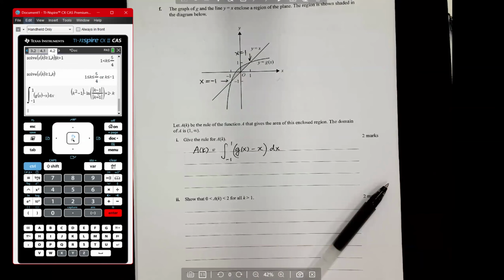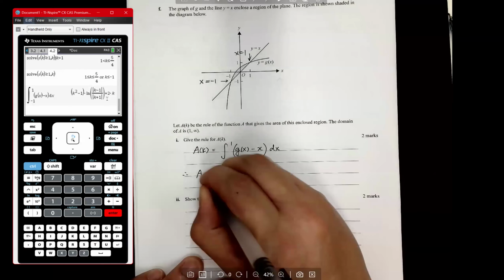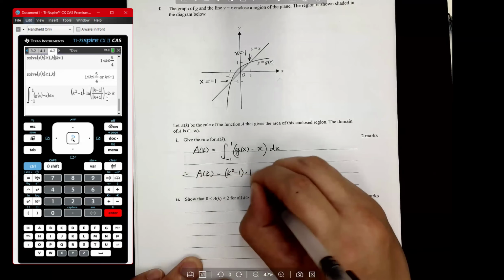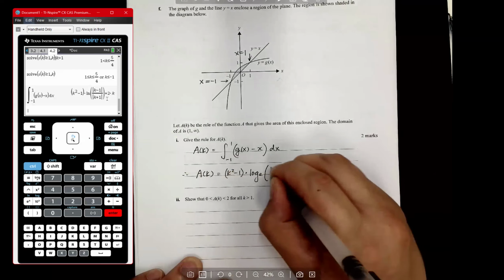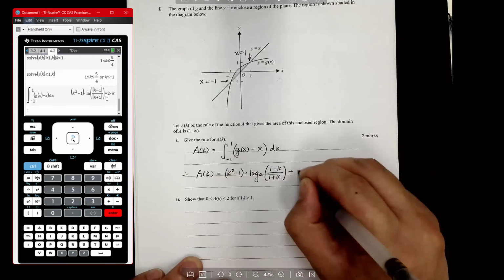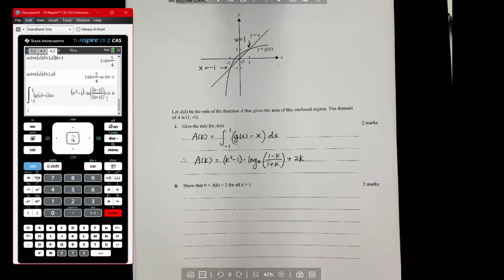So you will see this expression, but notice that you don't have to put absolute values because k is greater than 1. You can get rid of the absolute values. Therefore, A of k is k squared minus 1 times log e of bracket 1 minus k over 1 plus k, plus 2k.